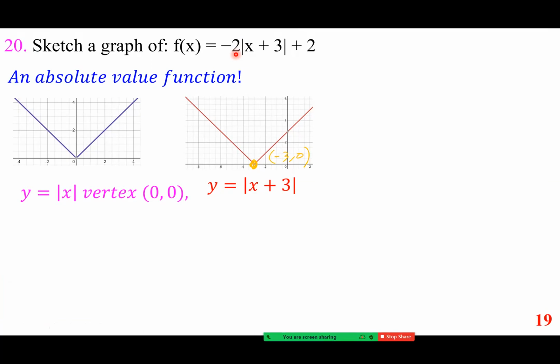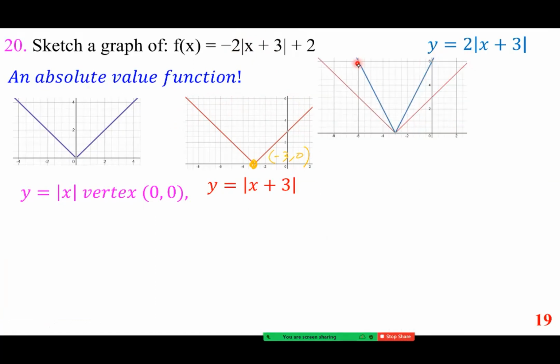Again, I'm following the order of operations. So first I'm going to stretch it by +2. I'm going to look at +2, not negative yet. So when I stretch this, basically this gets closer and closer to up here along the y-axis. So I multiplied by 2, looking like that. Now I'm going to put the negative sign. If I put a negative sign, this will flip over.